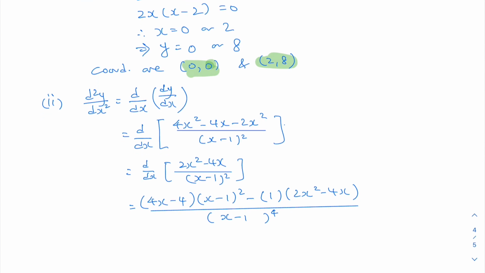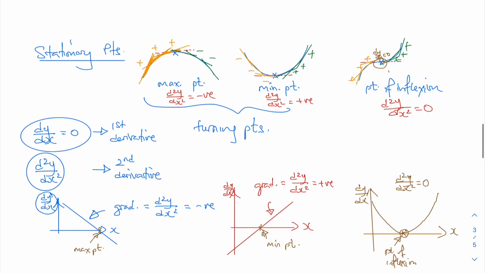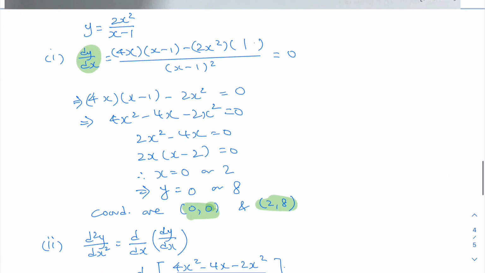So d2y/dx squared will give you information about the nature. Recall, the nature is asking whether it is a maximum point, a minimum point, or a point of inflection. If the second derivative is negative, it's a maximum point. If positive, it's a minimum point. If 0, it's a point of inflection.